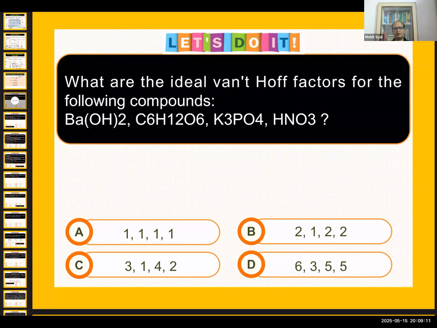You need to recheck your answer. Aisha, Marwa, what is going to be the answer? Barium hydroxide. Yeah, Ibrahim, correct.